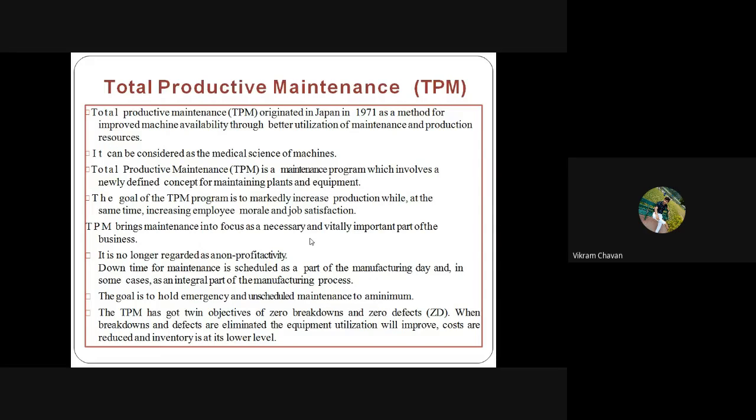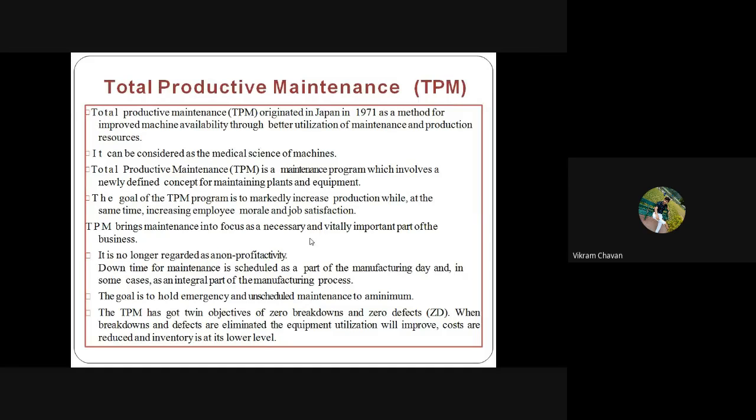Total productive maintenance (TPM) is a maintenance program which involves a newly defined concept of maintaining plant and equipment. The goal of the TPM program is to markedly increase production while at the same time increasing employee morale and job satisfaction. TPM brings maintenance into focus as a necessary and vitally important part of a business.